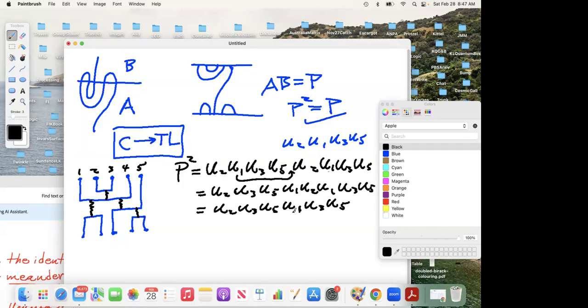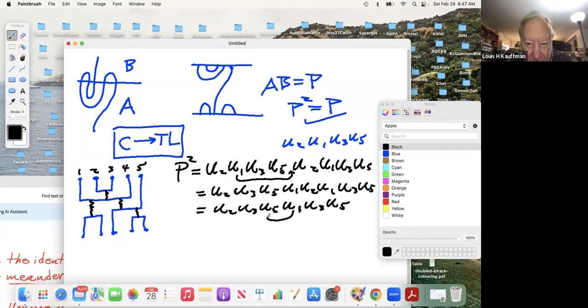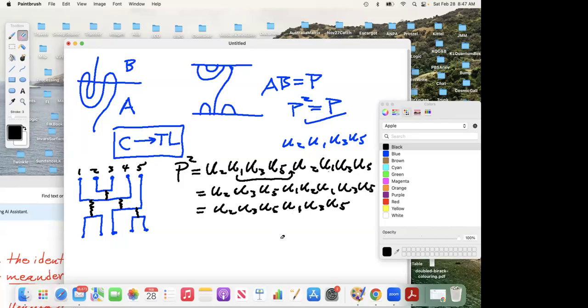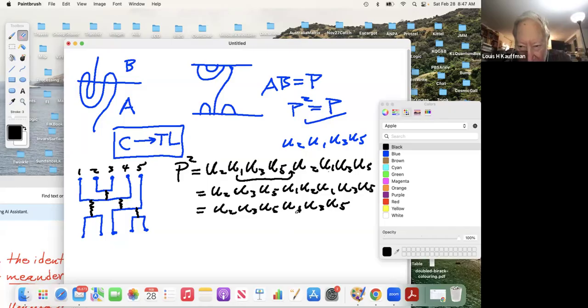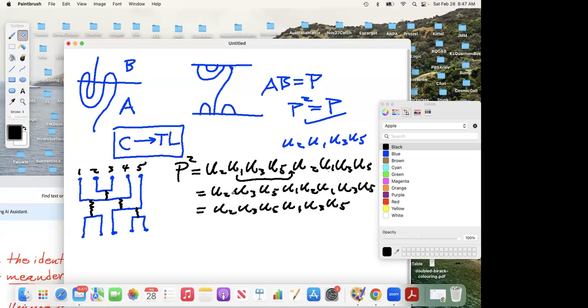Are you missing a U1? This U1 can go over here. Oh, oops. Sorry. What were you about to solve my problem? What do you want me to do? Should that be a U2 instead of U1? Yeah, no doubt. Where the U2, U1 is.